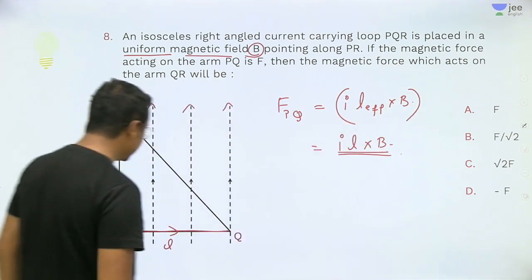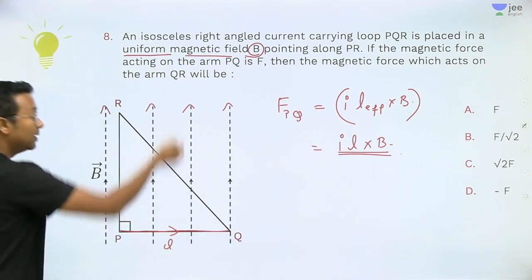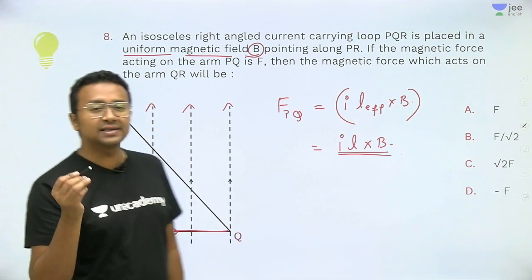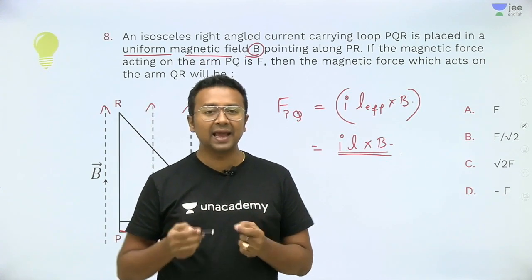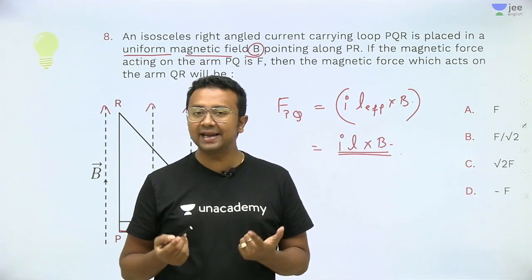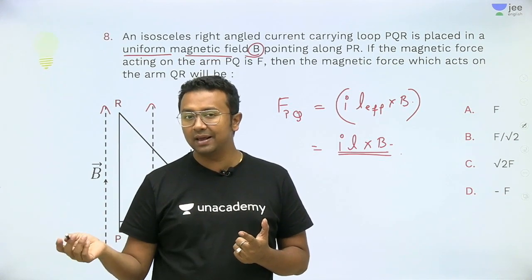Now, here in this case, L is in this direction, B is in this direction. So, what is the angle in between them? Angle between them will be equal to how much? 90 degree, and sine of 90 degree will be equal to 1.